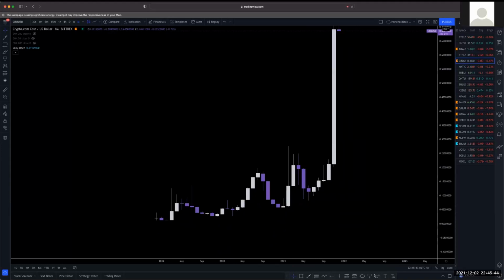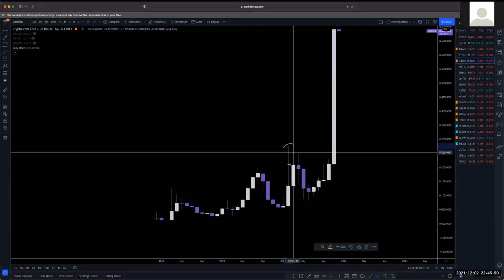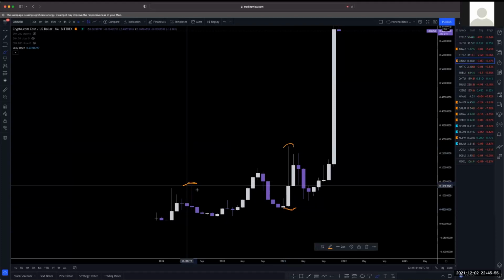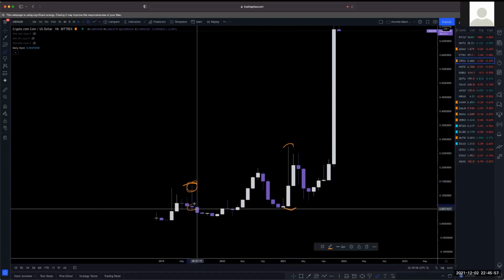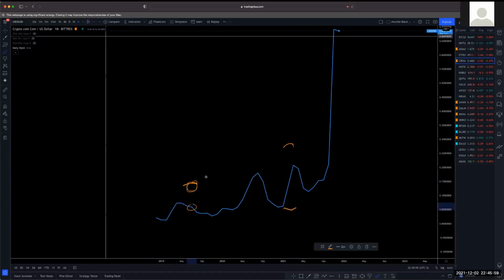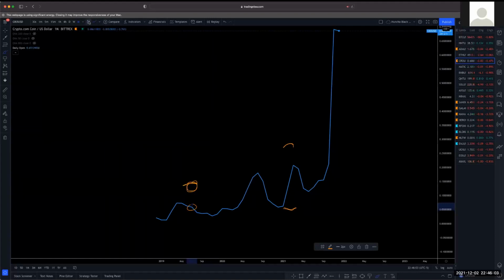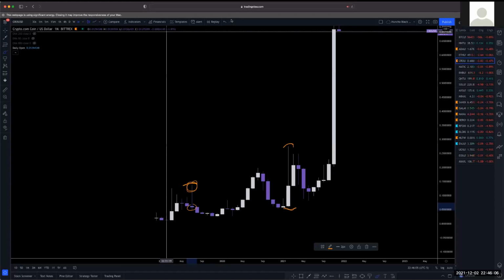The difference between a line chart and candlesticks is that candlesticks show you the high and the low of price action. See how this is the high right here of this candle, but on a line chart, that high is non-existent. So that's the difference between a line chart and a candle chart.